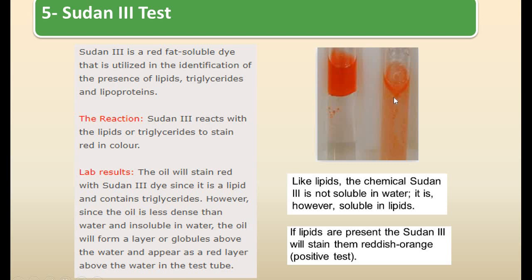It is shaken, but after standing the test tube, there is formation of two layers. The water layer is separated and the oil layer is separated, and because Sudan III is soluble in lipid, it will stain the lipid with a red color. So this kind of color produces a positive Sudan test.